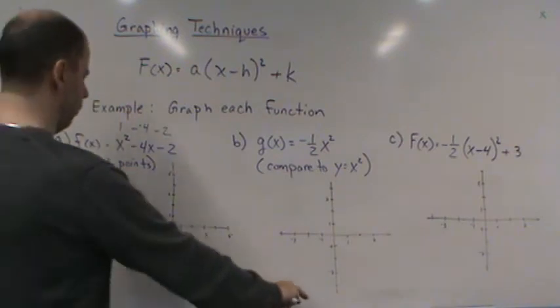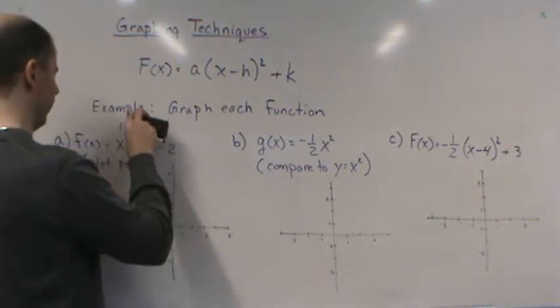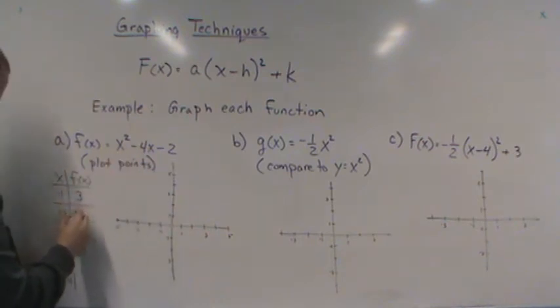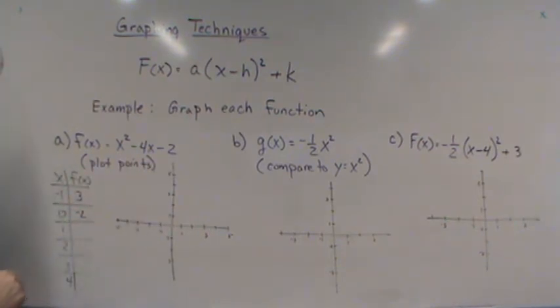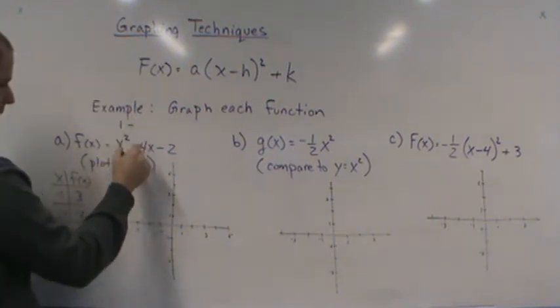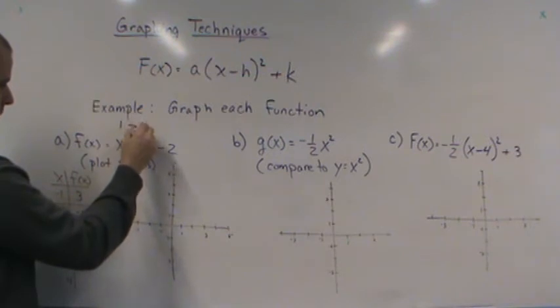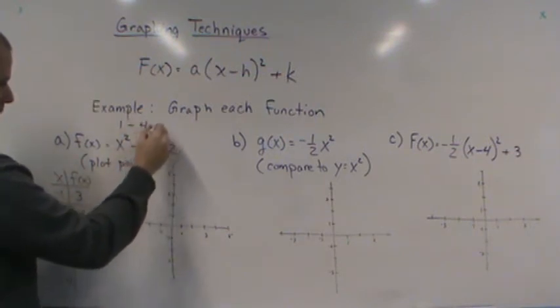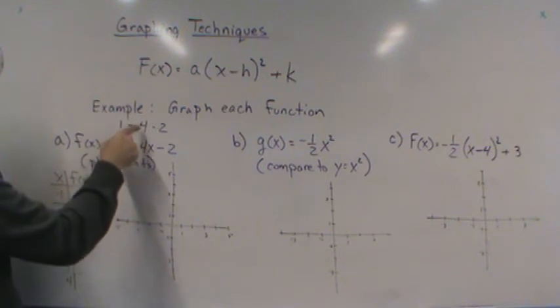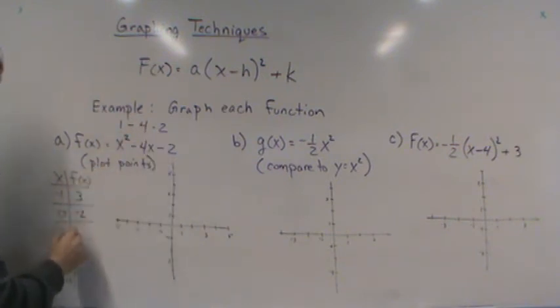What if we put 0 in? This would be easy. If we put 0 in for x, we just get negative 2. If we put 1 in for x, 1 squared is 1, minus 4 times 1 is 4, minus 2. So we get 1 minus 4, which is minus 3, and then minus 2 is negative 5.